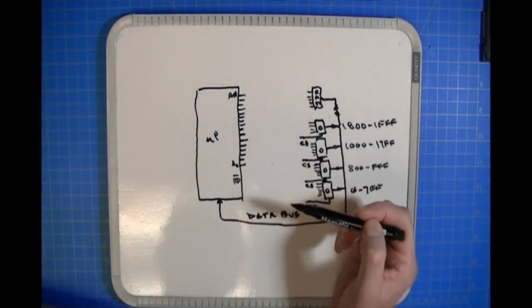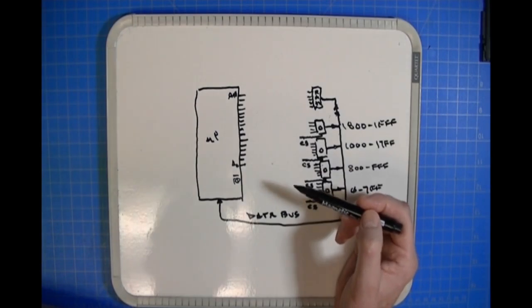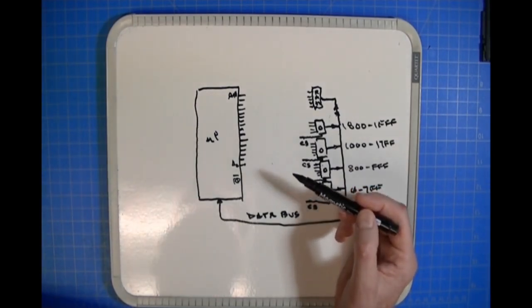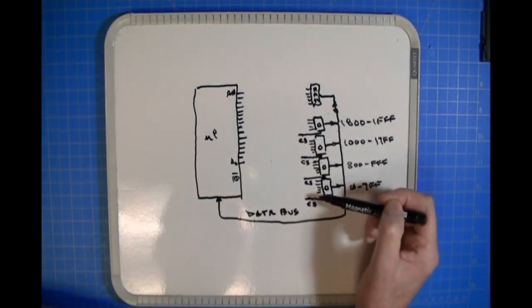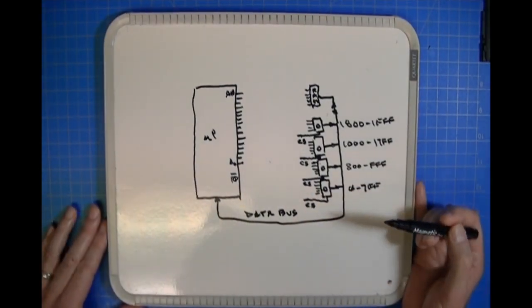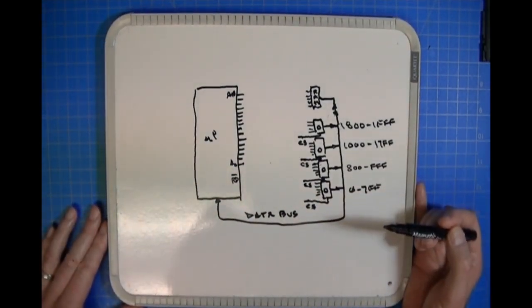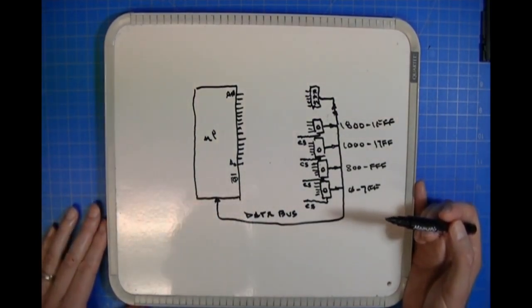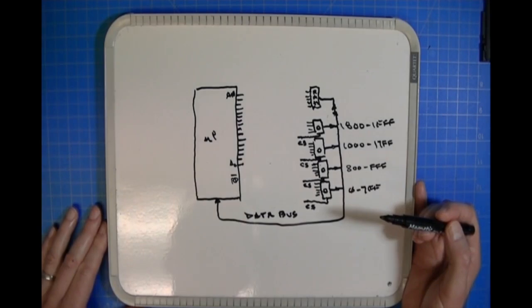I'm not going to try and show you how that would work, because it would be a lot of gates required to do this decoding. There were designs where they did that, and depending upon the number of gates, it might have been more cost effective to use gates to do the decoding than to use a bipolar PROM.